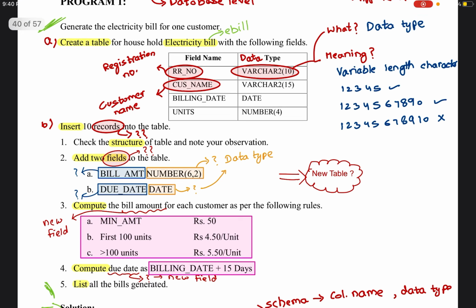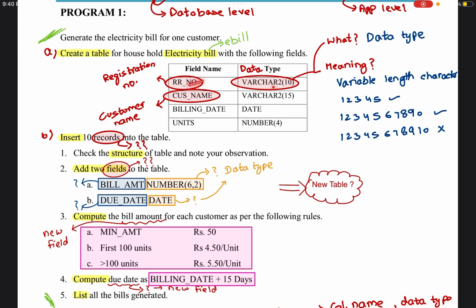Now this is our table, not the SQL table, but the general information that the examiner has given. This is a field name and this is the data type. What is a field name? A field is a column name, so the first column name will be registration number, the second column name will be customer name, the third column name will be billing date, and the last is units. In C++ we write int variable name, char variable name.